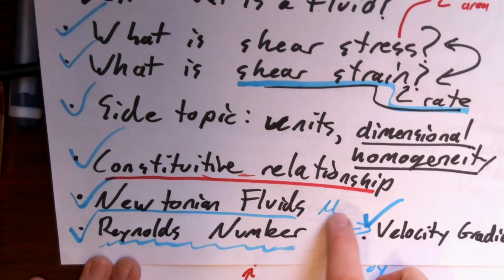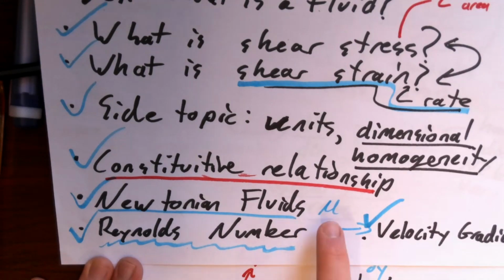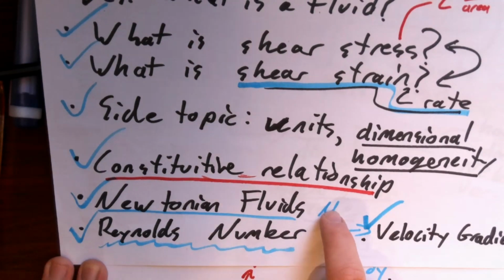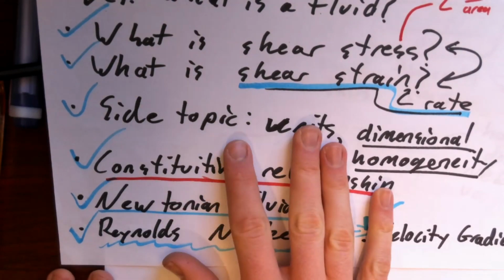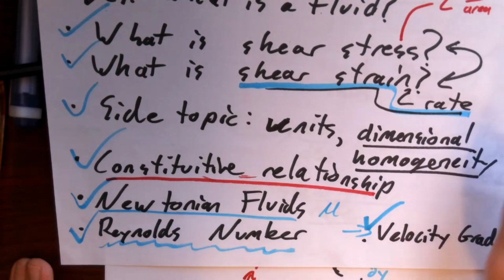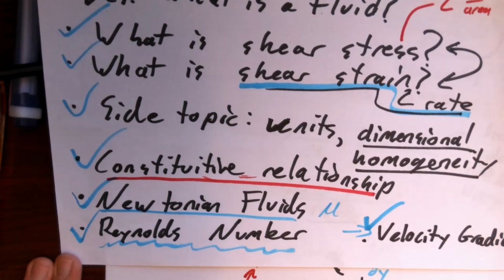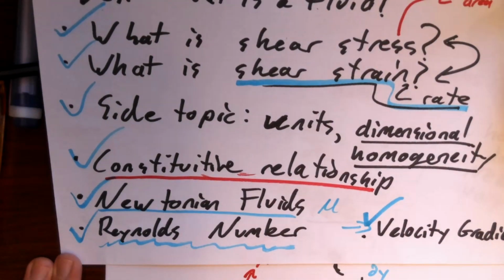For Newtonian fluids, the viscosity, that proportionality constant, is a property of the material and is constant. Viscosity plays into the Reynolds number, which will show up later. Reynolds number is useful for characterizing whether flows are laminar or turbulent.